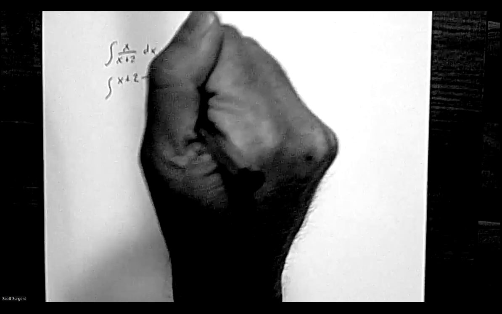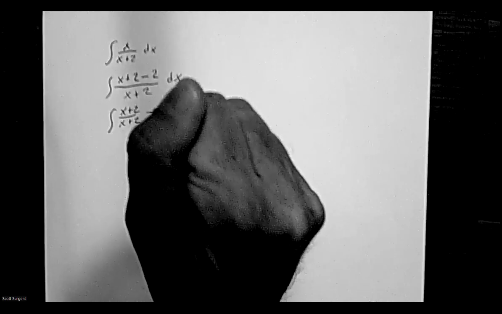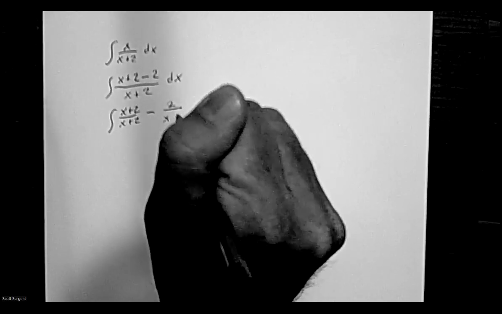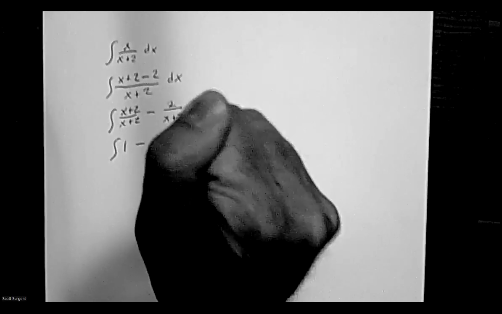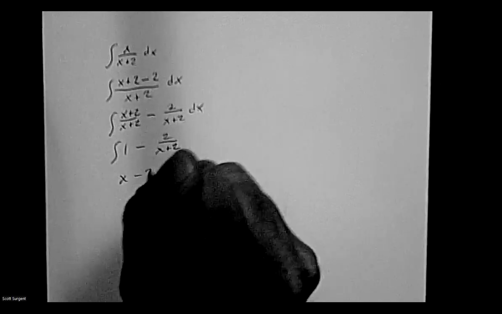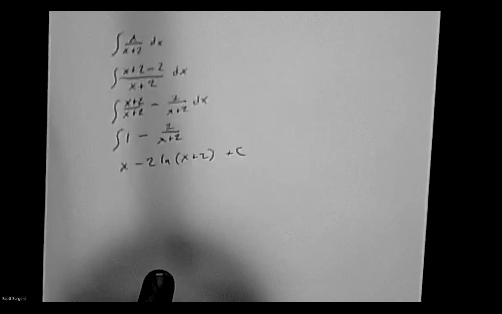You can long divide the bottom into the top, or like you said, actually put a plus 2 minus 2 on the top, and then split it up as x plus 2 over x plus 2, which is of course 1. And then the other guy is just negative 2 over x plus 2 dx. And suddenly this is an easy one. That's just going to be x, and then this is going to be 2 ln x plus 2, and you're done. Did y'all see that?